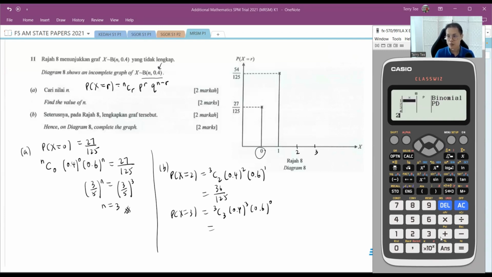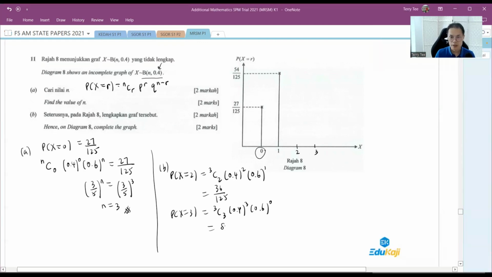So let's say I want to find 2 and 3. I put 2 and 3 here, I press equals, my n is 3, my p is 0.4, then you press equals, there you go. It will give us the probability just now for x equals to 2, and another value for x equals to 3, which is 8 over 125. So I'm going to write here 8 over 125.